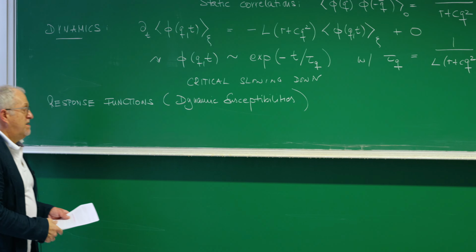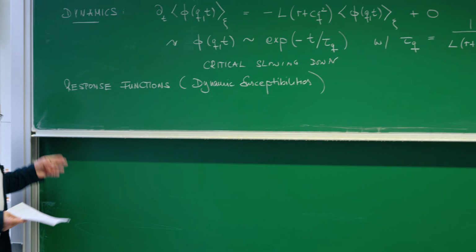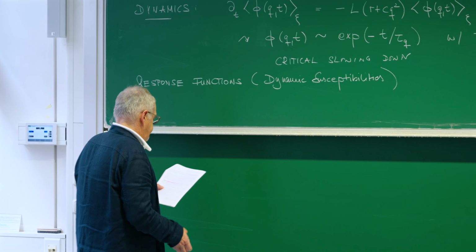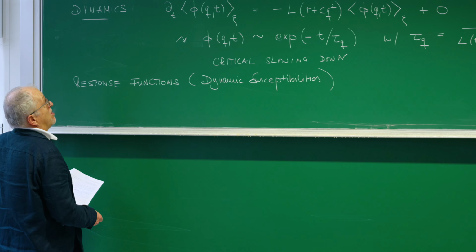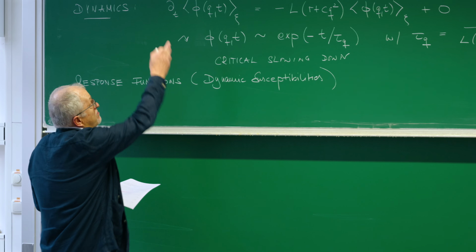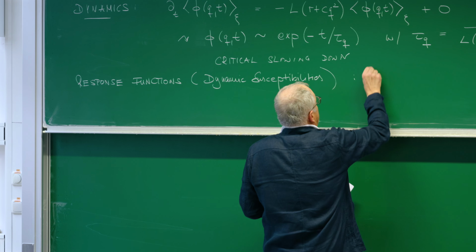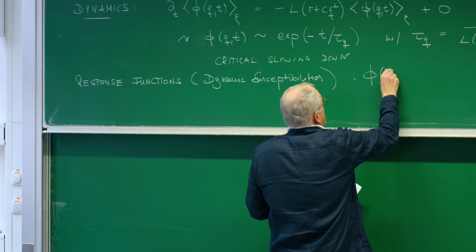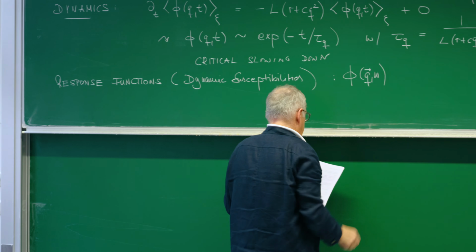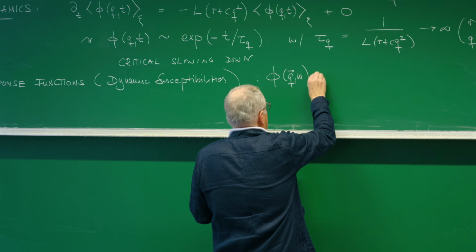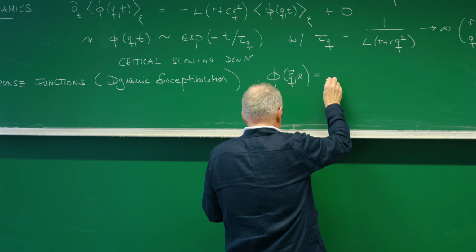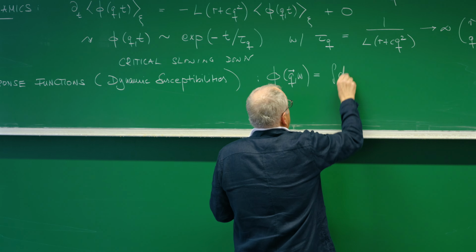That means sensitivities to external perturbations. So recall how we wrote the equation here. And now let's say that in addition to the Fourier transform in space, we also introduce a Fourier transform in time.